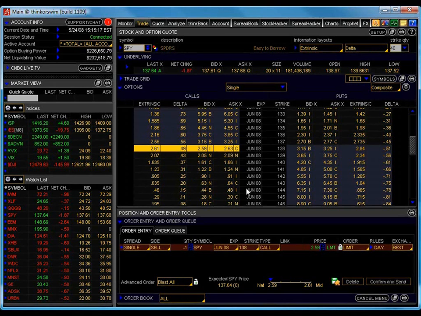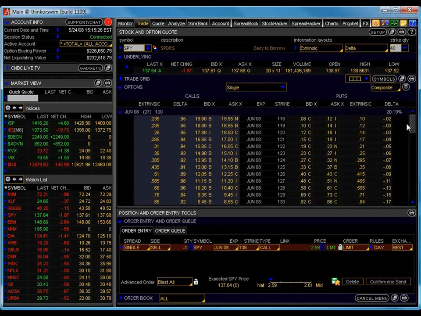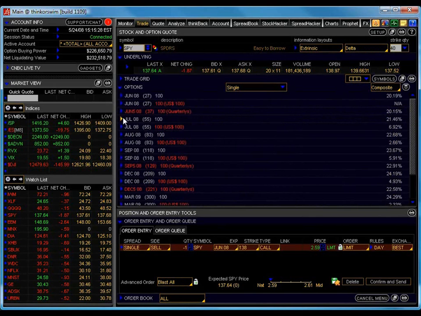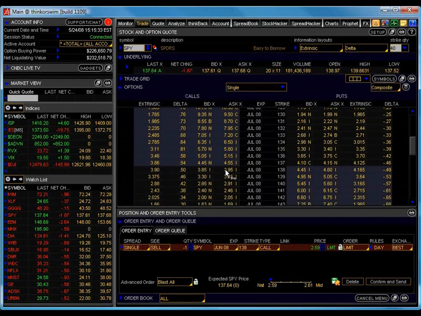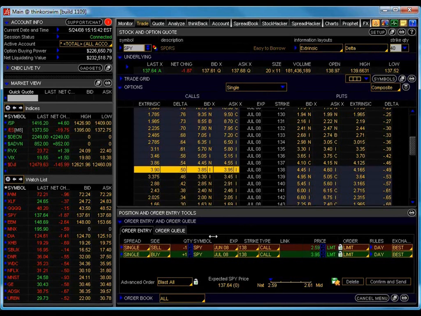Well, in the case of a calendar, the only difference is, instead of buying an option in the exact same month as the one that we're selling, we are going to actually go into the next month, which is July, and we're going to buy the exact same strike price, only a different month. So we're selling a June 138 call, and we're buying a July 138 call.